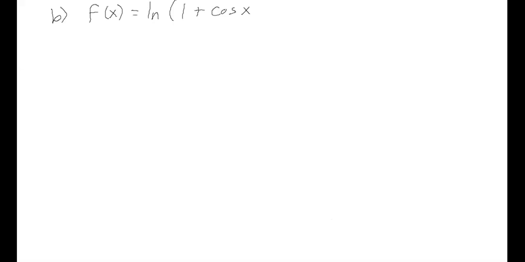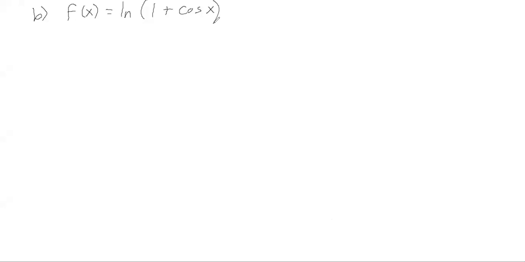This time, part B is f of x is equal to the natural log of 1 plus cosine of x. All right, so let's find out where this function is continuous.